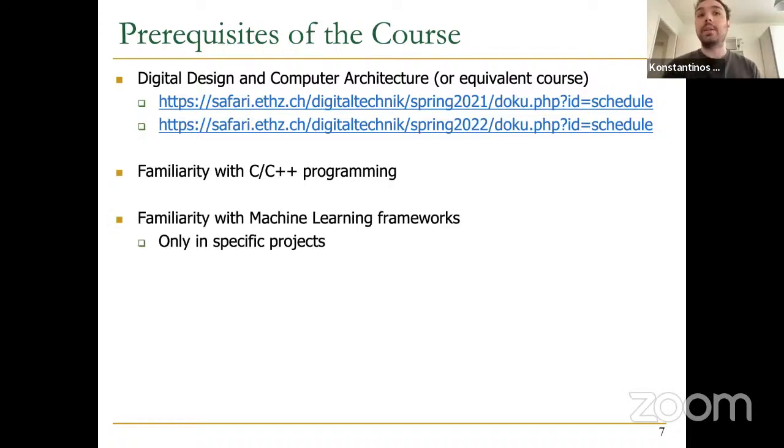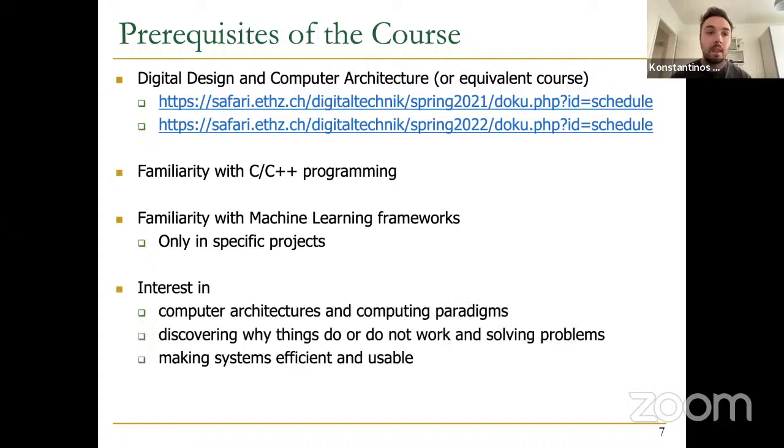Also, some familiarity with machine learning frameworks might be needed in some specific projects that have to do with machine learning techniques. It's also crucial to have interest in current computer architecture and current computing paradigms, to discover why things do or do not work, and to solve the problems the correct way. Our final goal is to make systems efficient and usable.